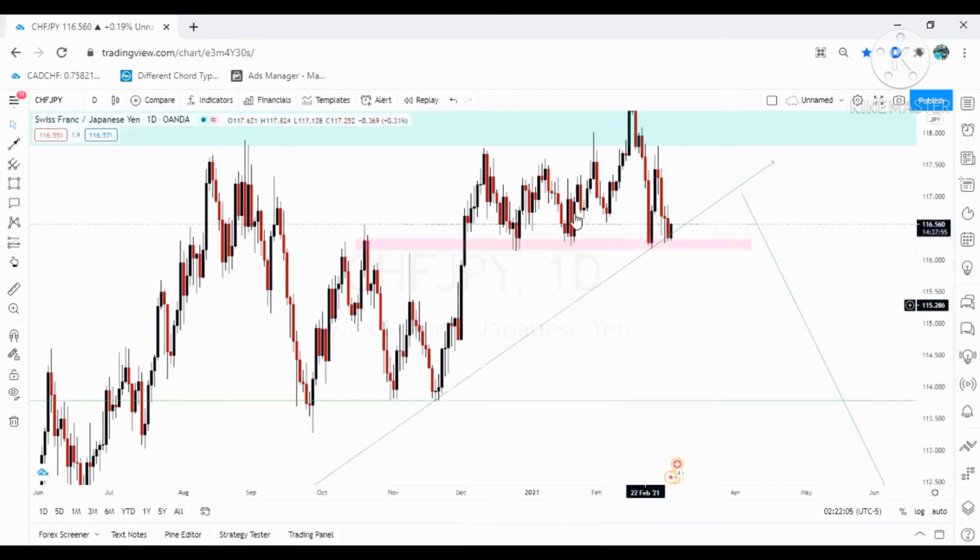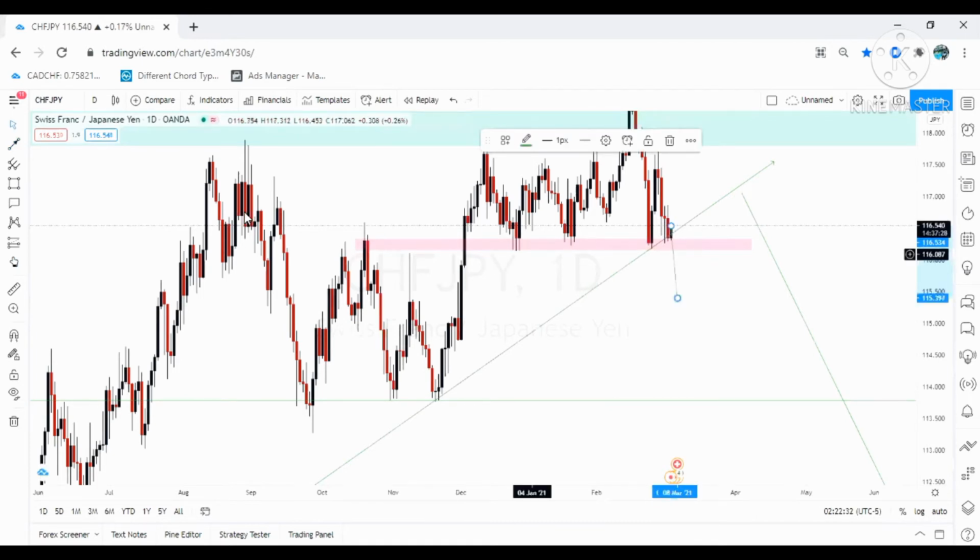So say for example, not for example, but this is our monthly resistance versus daily support. What do we expect the market to do? We expect the market to eventually break it, right? This is what we expect. If we do get that in reality, we should wait for confirmation.